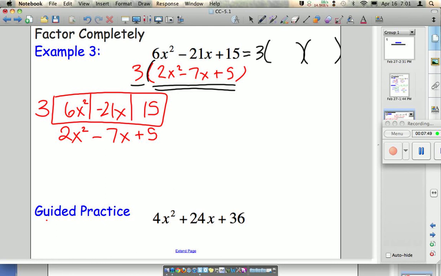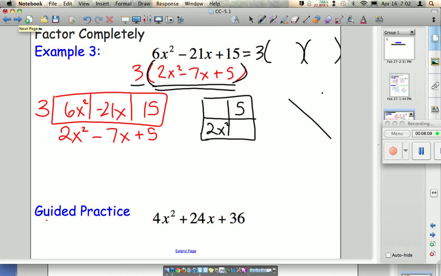So now I'm going to worry about just this big one and factor that just like I know how using the generic rectangle. So I have in my 2 by 2 generic rectangle, I'm going to put the 2x squared and the 5. And I have the outsides of my box.